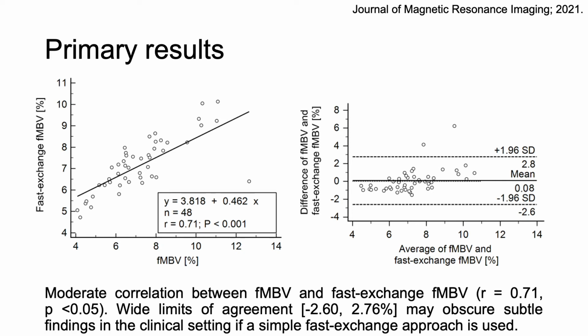That means if fast exchange blood volume, which only requires two ferumoxytol-enhanced images to be acquired, is used instead of a full multi-dose approach like the one used in this study, it could potentially obscure something like a hemodynamic response to myocardial ischemia.